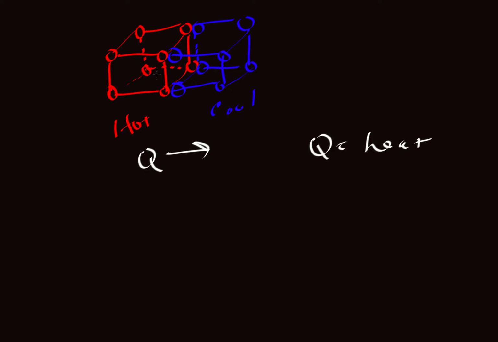In the 19th century they were really not very sure what heat exactly was, but they knew that it would flow from hot to cold. So the first expression of what we call the second law of thermodynamics is that heat will flow from hot objects to cold objects and not vice versa, so long as there are no other forces acting on the system.